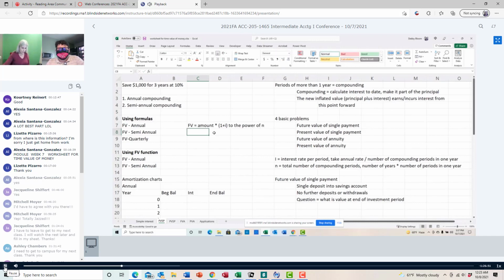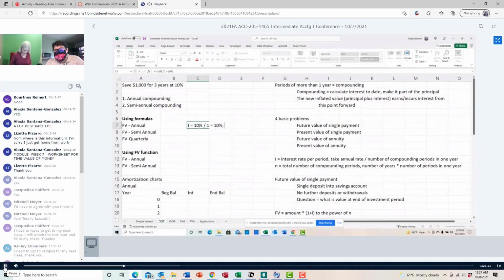So if we're talking 3 years and annual compounding, I should be writing this down over here. So let me cut this and paste that over there where we can see it. Okay, so in this case, our I is going to be 10% divided by 1 because it's annual compounding, which of course is 10%.